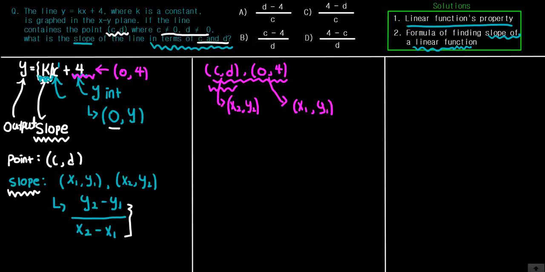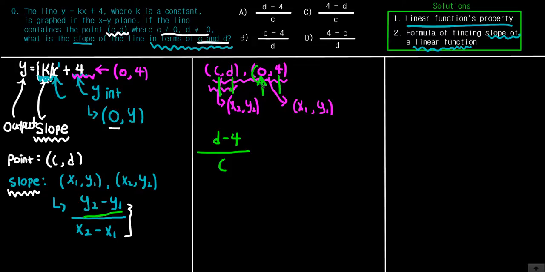If we use our slope formula, it is going to be y2 minus y1, so d minus 4, over x2 minus x1, so c minus 0, which is going to be just c.